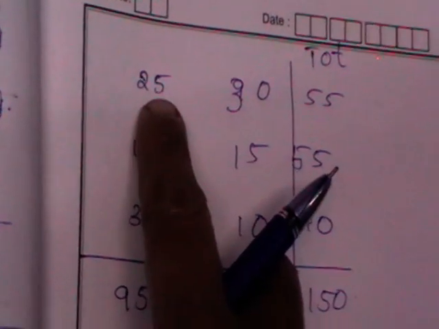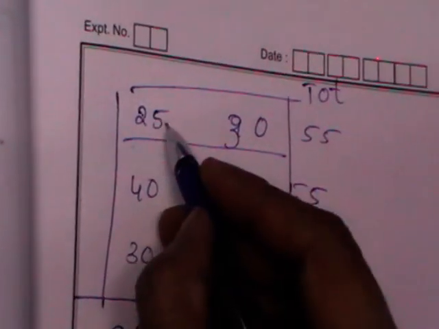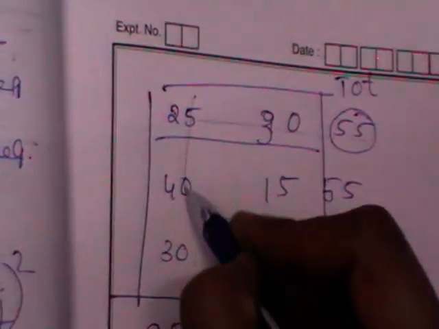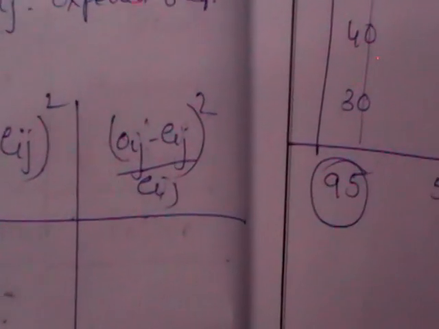To calculate the corresponding EIJ, this is the position here. Take the row total. What is the row total here? 25 is in the first column. What is its total? 95.